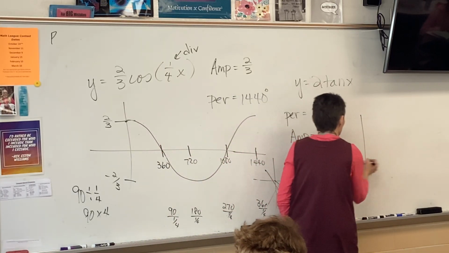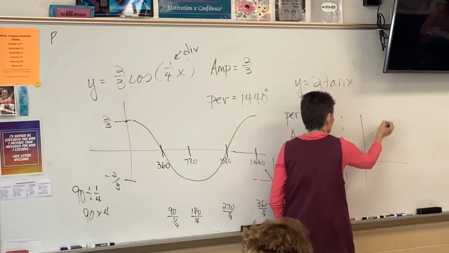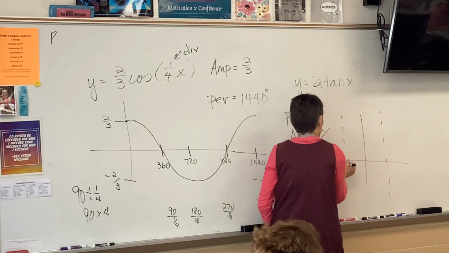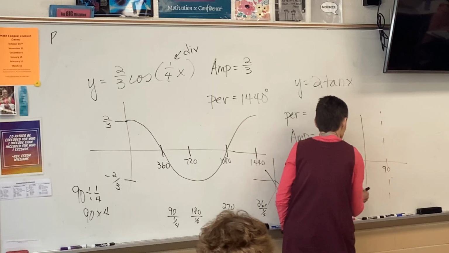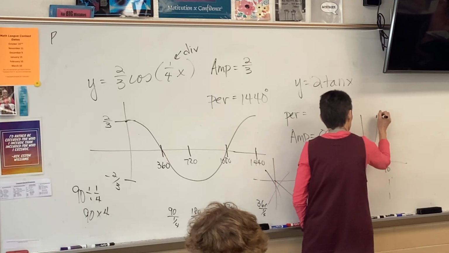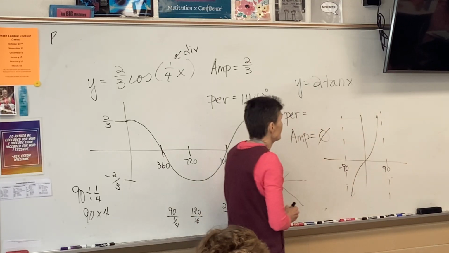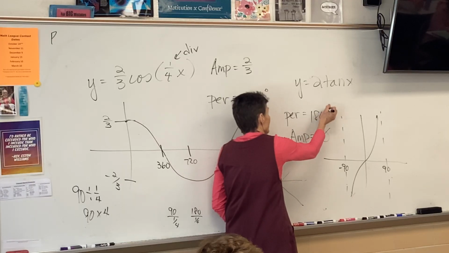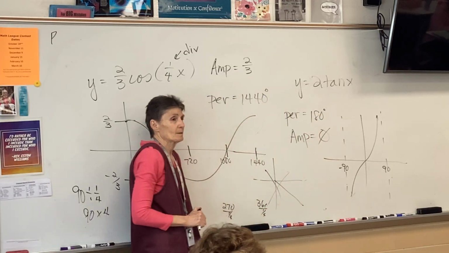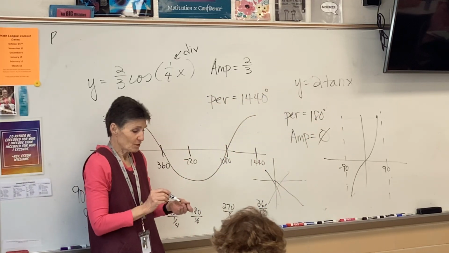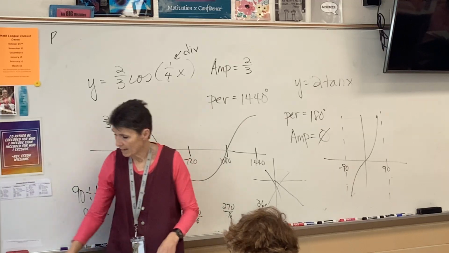This is a regular tangent curve. Asymptotes at negative 90 and 90 and goes up through the origin. Make sure you're going through the origin. So your period is 180. Haven't changed anything on that one.